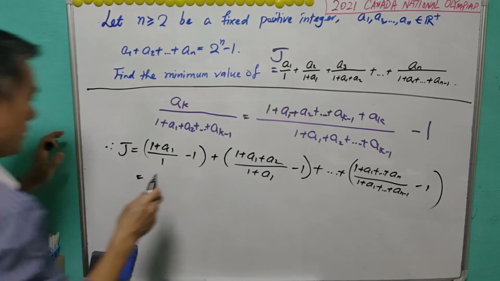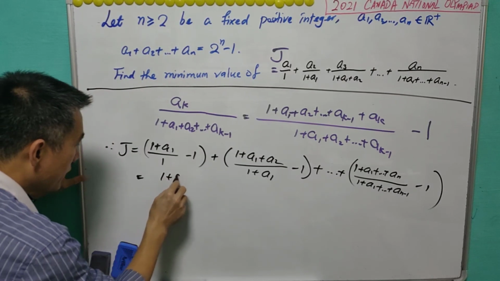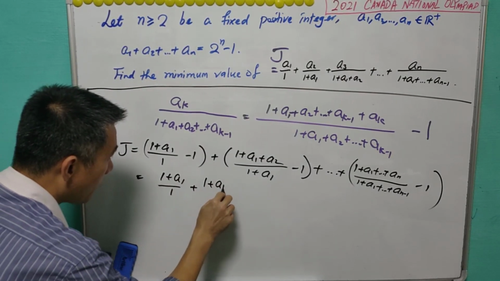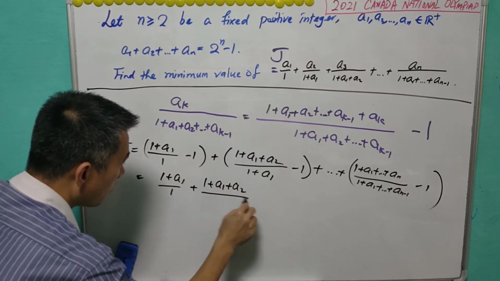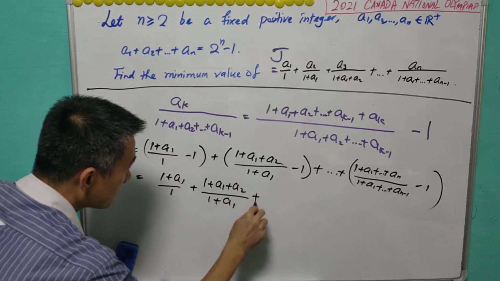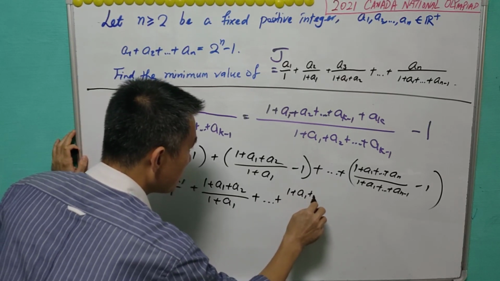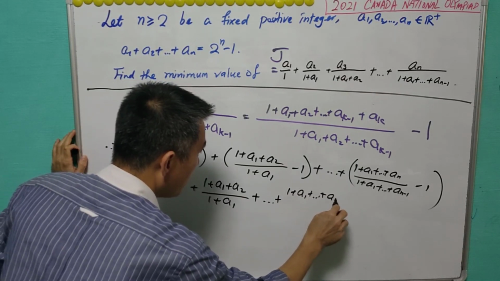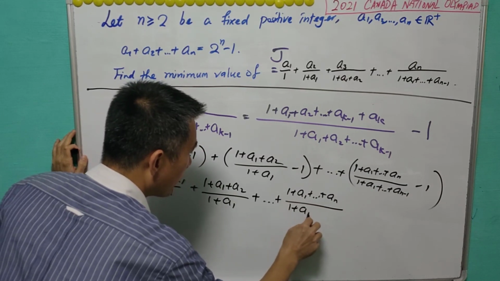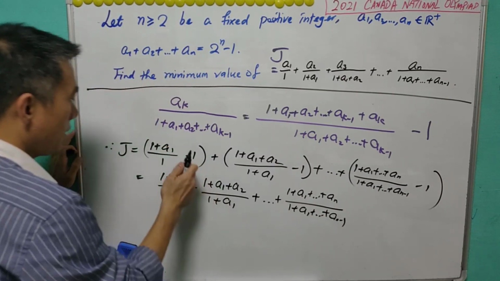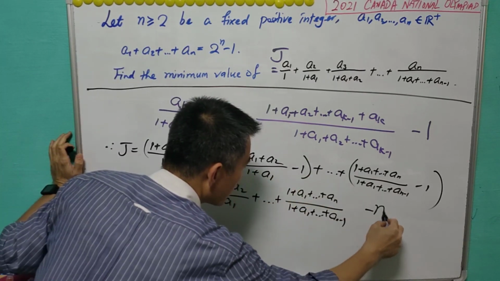So what we have here is 1 plus a1 over 1 plus 1 plus a1 plus a2 over 1 plus a1, and all the way to 1 plus a1 all the way to an over 1 plus a1 all the way to an minus 1, and minus n.